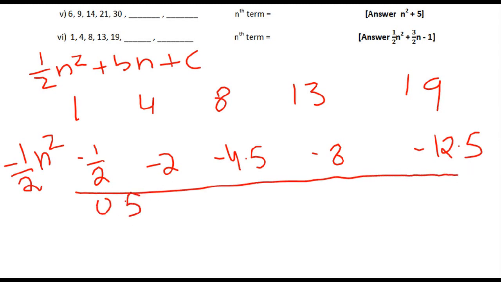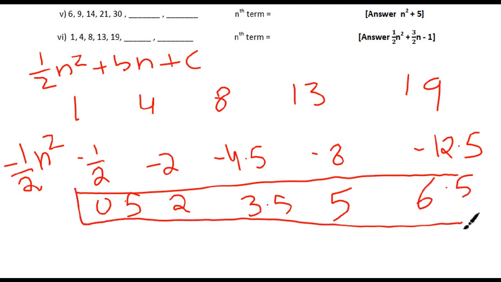Subtracting this, we get 0.5, then 2, then 3.5, then 5, then 6.5, and so on. This sequence is a first level common difference sequence because we're adding 1.5 in each case.